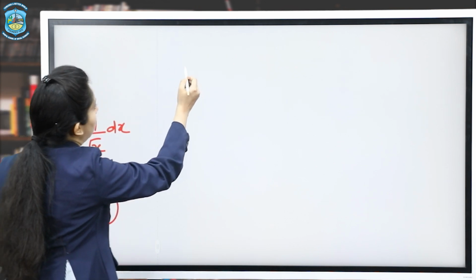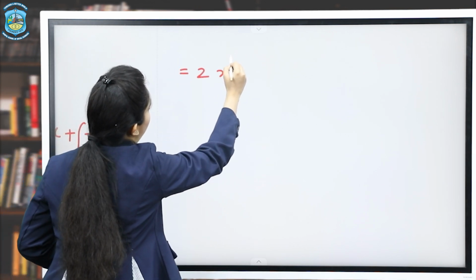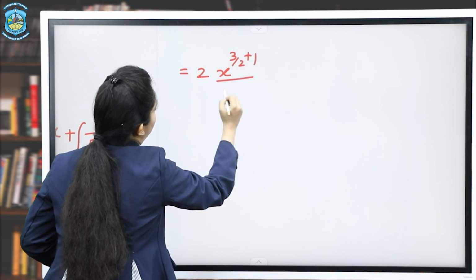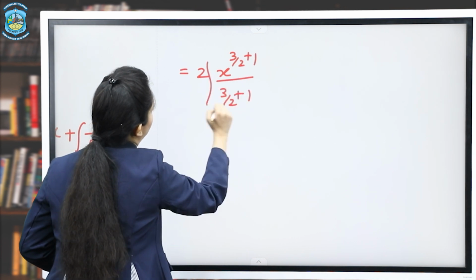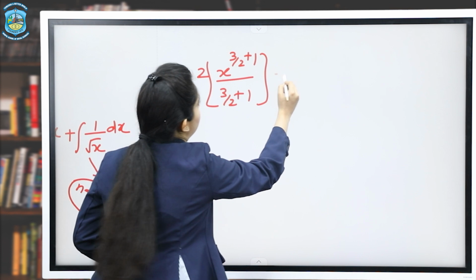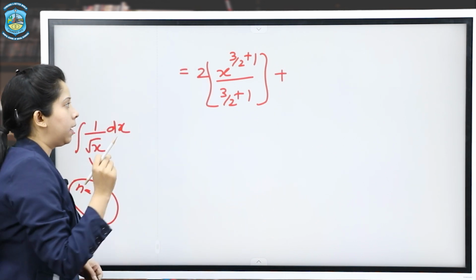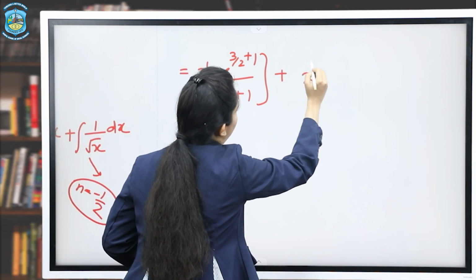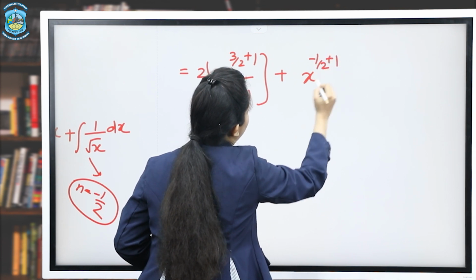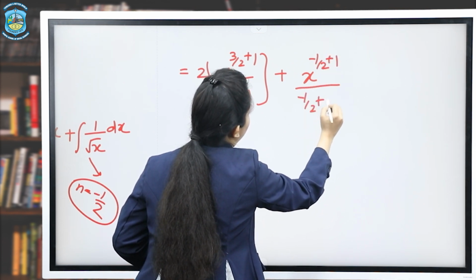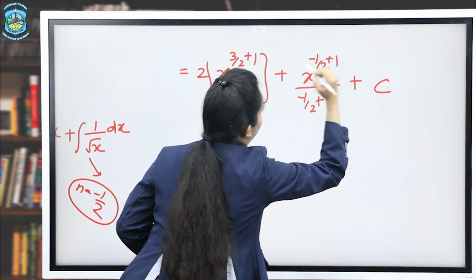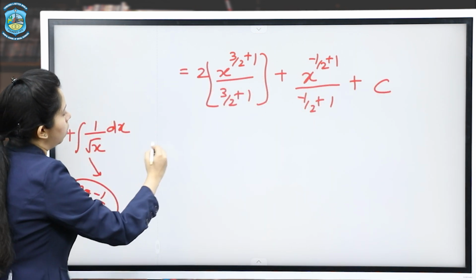So here it is 2x raised to the power 3 by 2 plus 1 divided by 3 by 2 plus 1, plus, the value of n is minus 1 by 2, so according to the formula we will get x raised to the power minus 1 by 2 plus 1 divided by minus 1 by 2 plus 1, and plus the constant of integration.